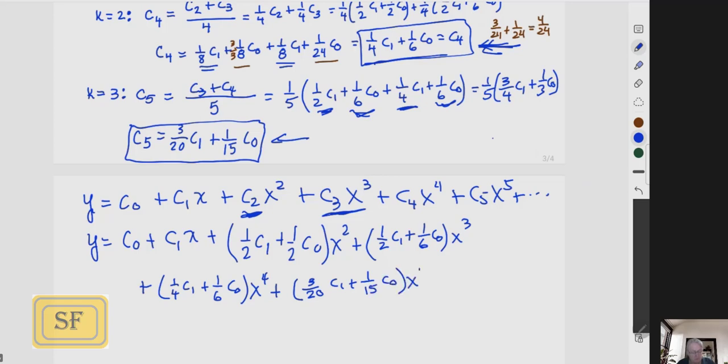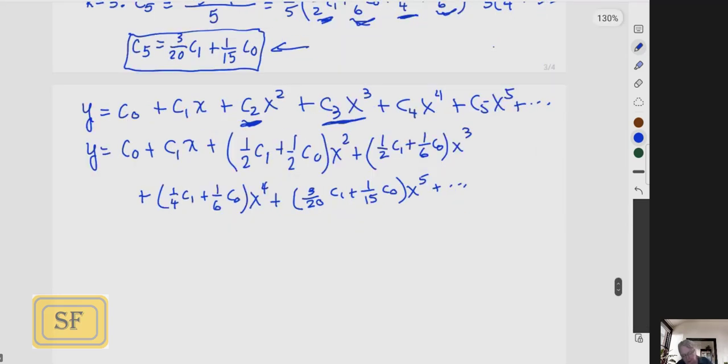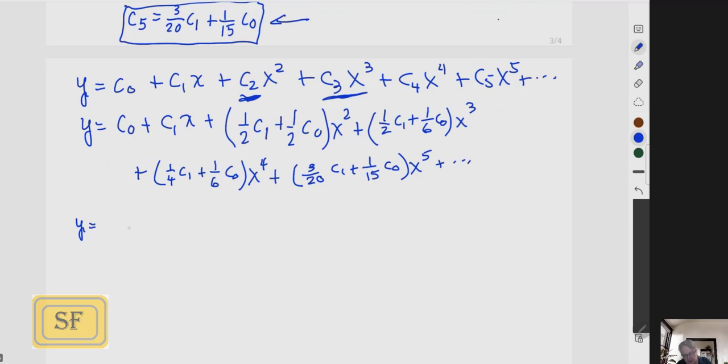That's x to the fifth. And then our series continues onward, but we're only going to list our first six terms. So this is our power series solution. We're going to group terms to get our two linearly independent solutions. One solution will consist of all of our C0 terms, where C0 is factored out.